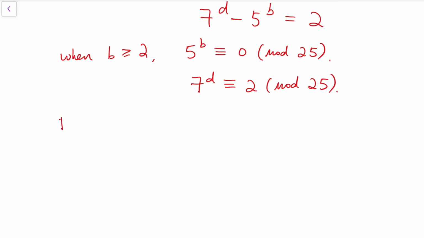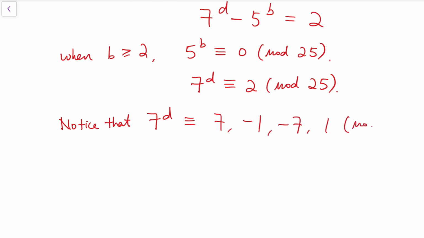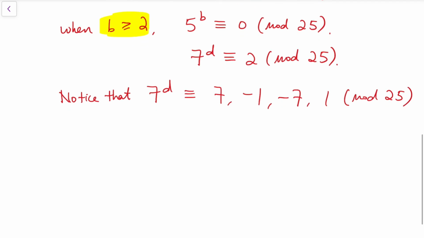Now, notice that in general, powers of 7 are congruent to 7, the next one will be minus 1, because 49 is minus 1 mod 25, then it's minus 7, and finally 1. It can't take many possible values, and all of them cannot be 2. So that means this assumption is wrong. That means b must be 1 or 0, but of course b is odd, as we have proven earlier.